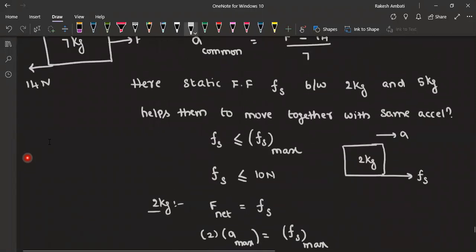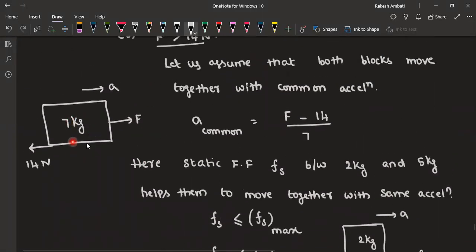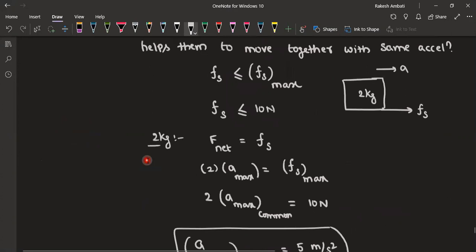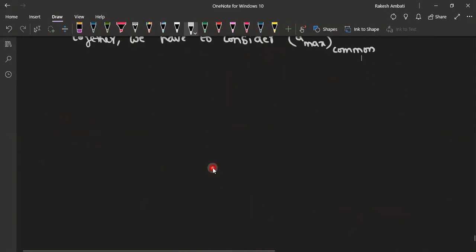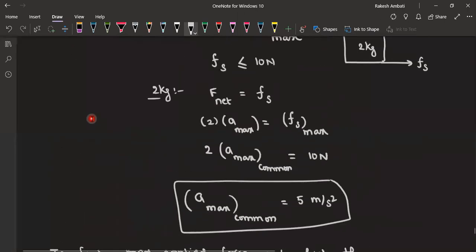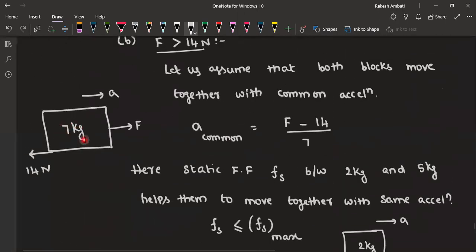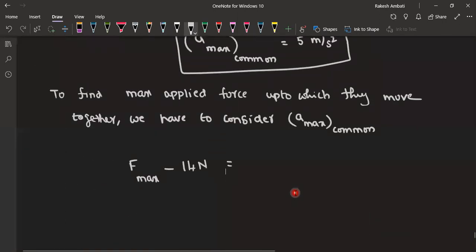So how do we find this F maximum? Write down the dynamic equation. F minus 14, but in the place of F, I'm writing F maximum. F maximum minus 14 equals the resultant force, which means mass into acceleration. What is the mass here? The 7 kg block. 7 into 5, the maximum common acceleration.